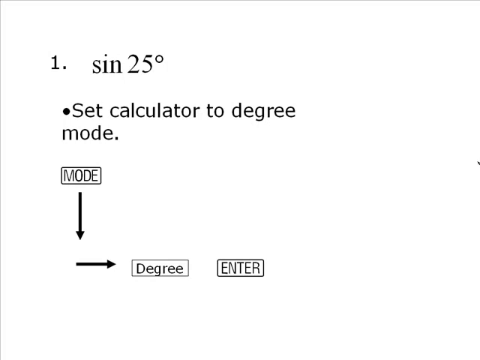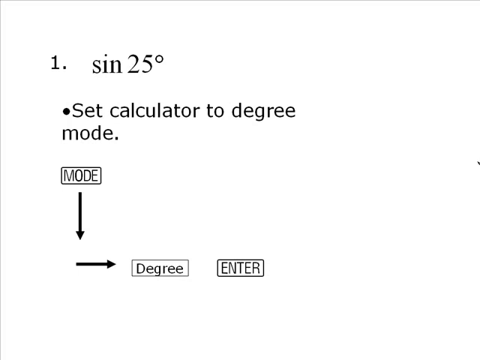If you press mode, on that menu you'll see on the third line you have radian versus degree. So take it over to degree and press enter, and now your calculator is set on degree. When you reset your calculator, it will return back to the default radian measure.